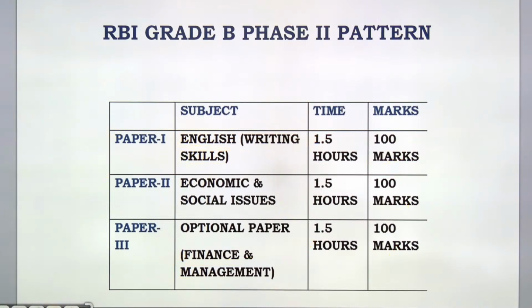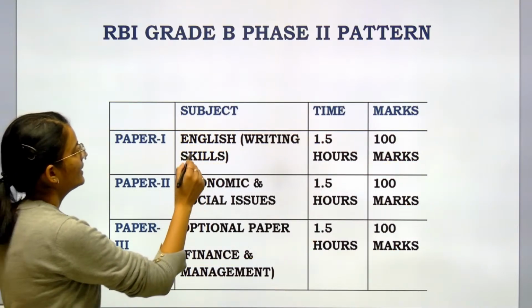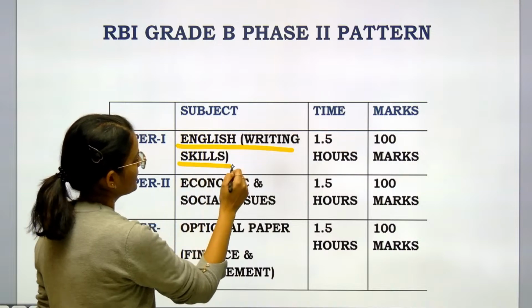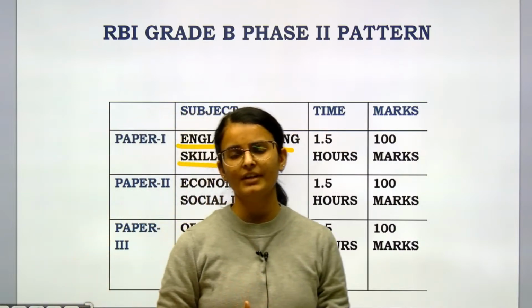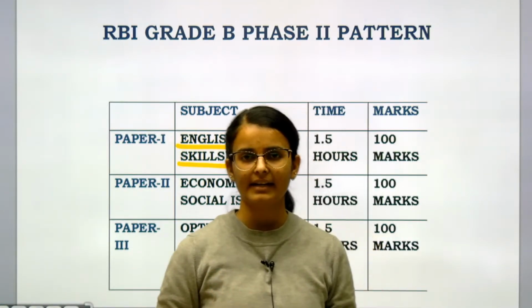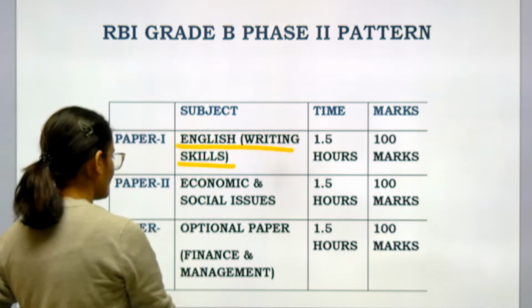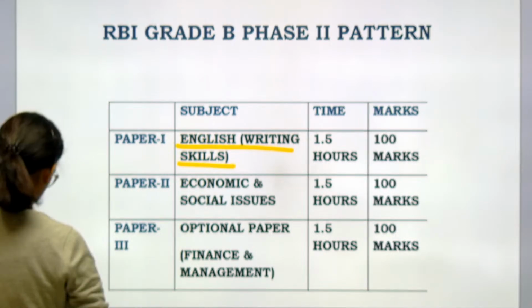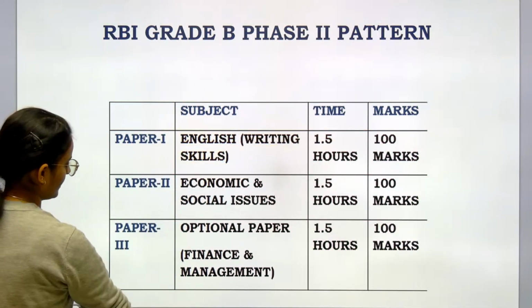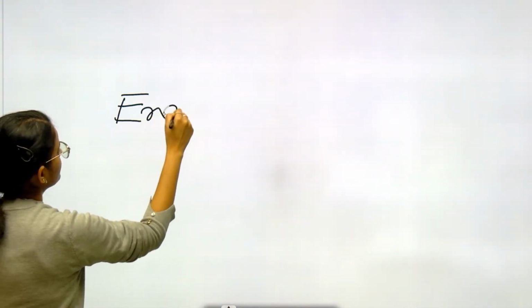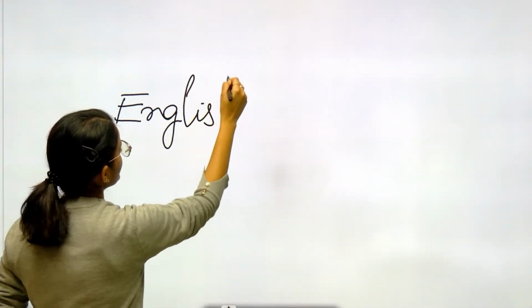As you can see, you are getting English, and it is specifically mentioned in the notification that they are checking your writing skills. So with this, one thing is clear: in the English paper, 3 things are a must.